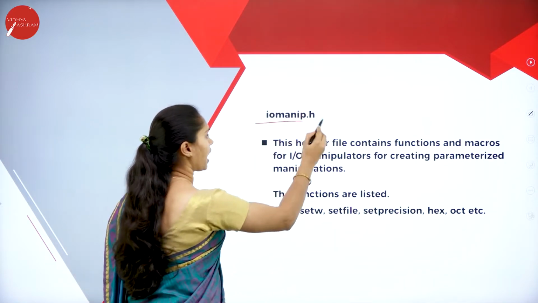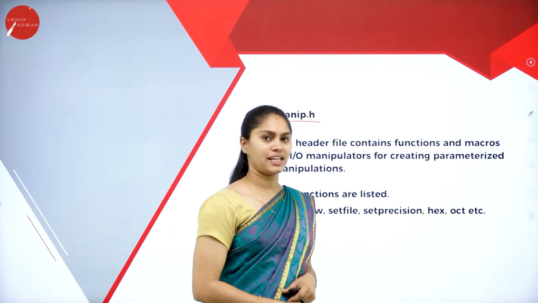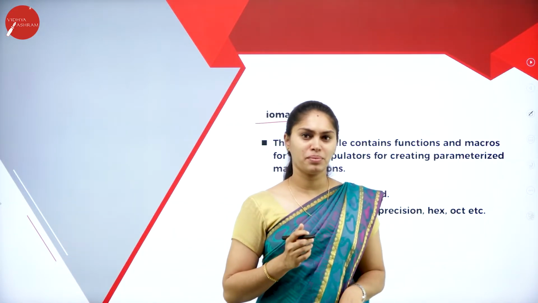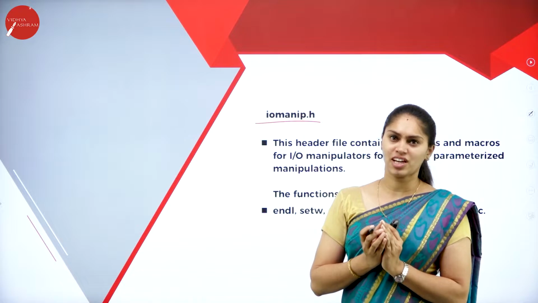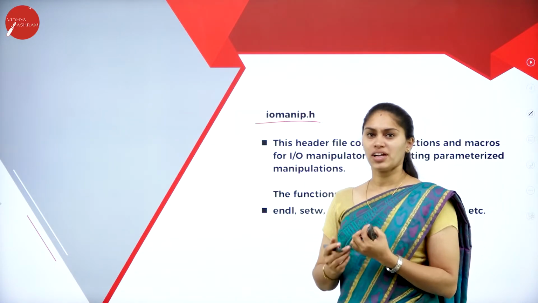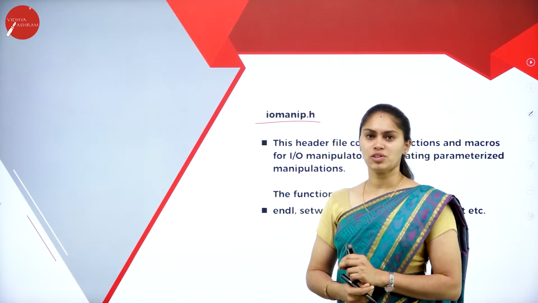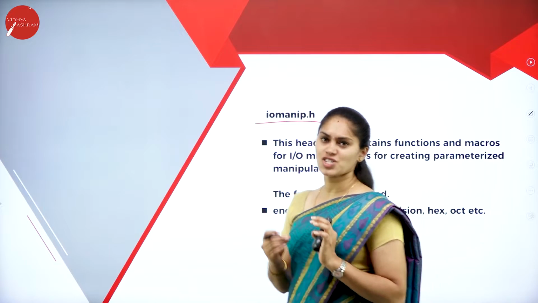Next we have iomanip.h. As the name indicates, manip means manipulation. If I wanted to do some modification to the input and output operations, or modify the content of input and output in our program, then we are going to use this iomanip.h header file.